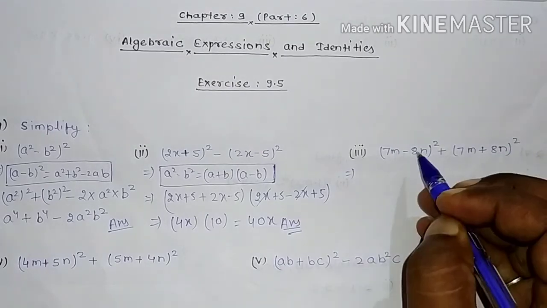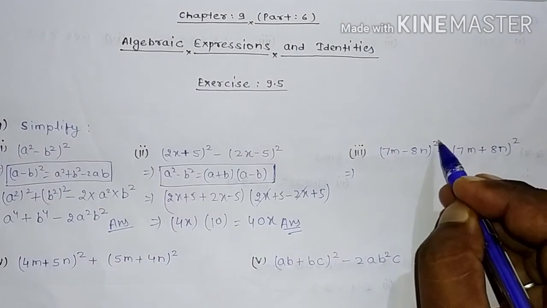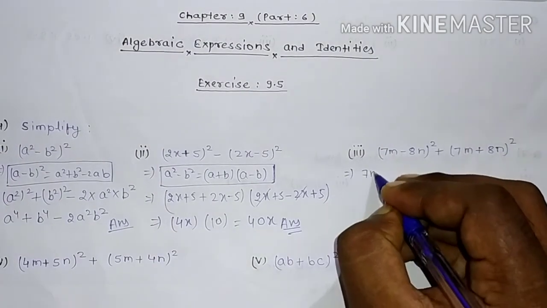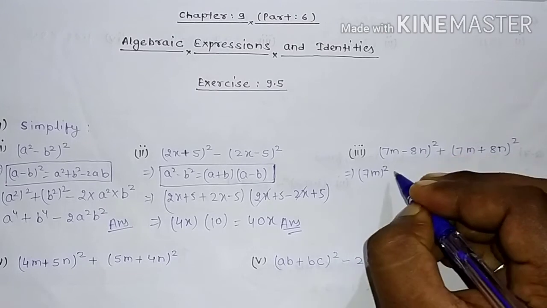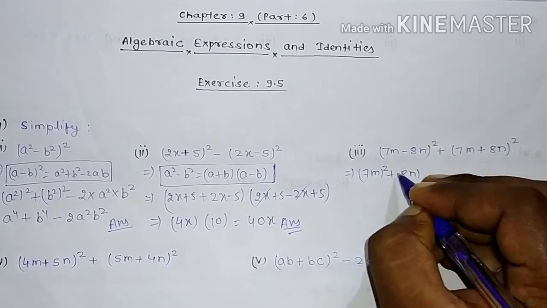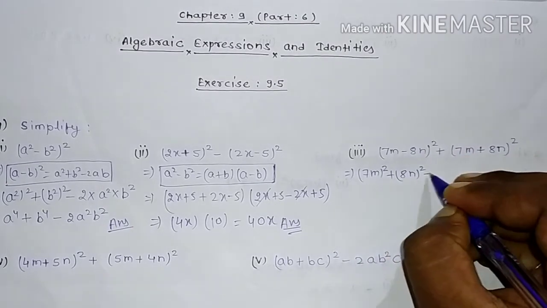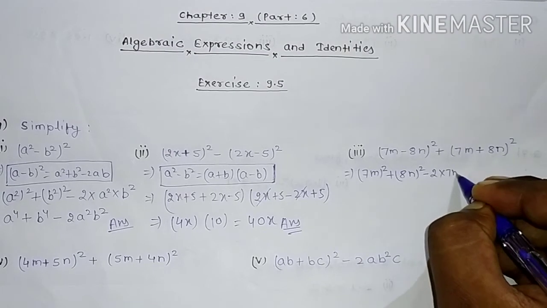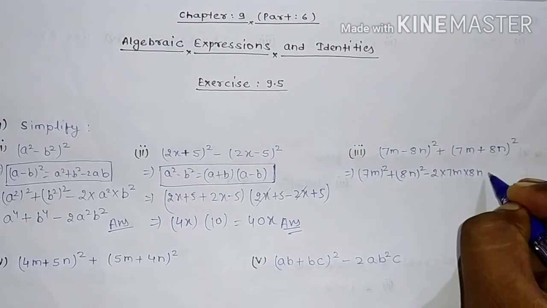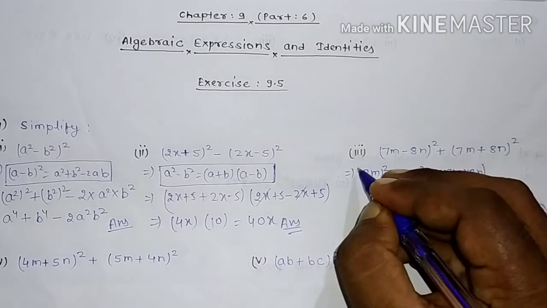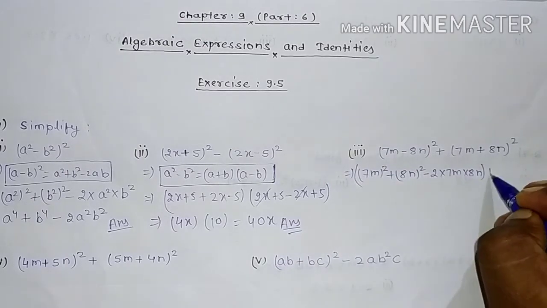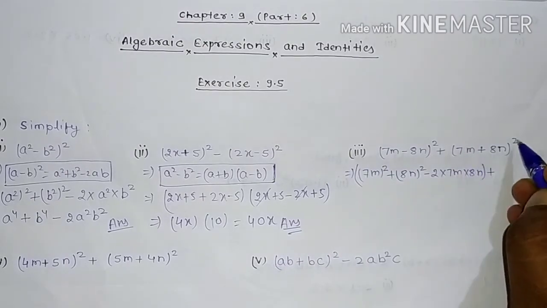So just apply the formula, that is a minus b whole square. So it will be a square plus b square minus 2ab. Similarly, plus a plus b whole square.